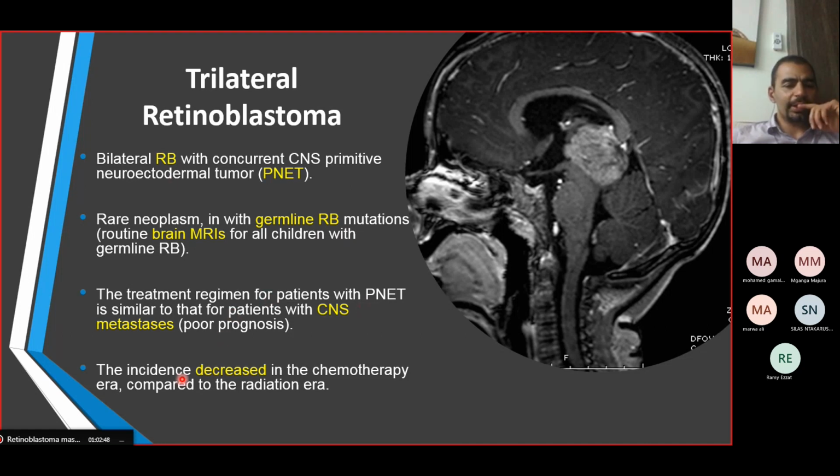So if there is a trilateral, it's this tumor. This is not a normal tissue. This is a tumor tissue. This is why we prefer to do an MRI, because it can detect such tumors, and it doesn't occur frequently now because we don't use external beam irradiation. We use chemotherapy, so it doesn't occur frequently.